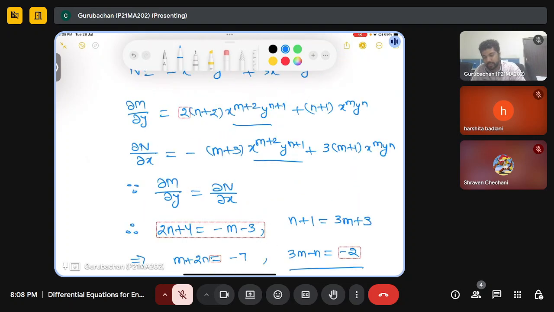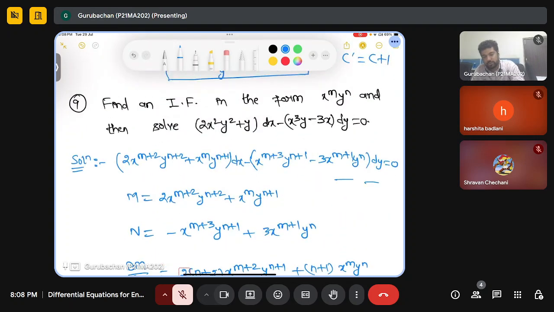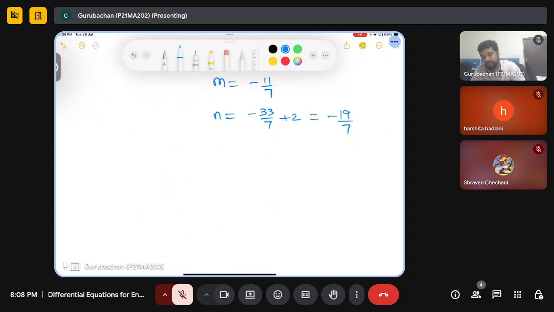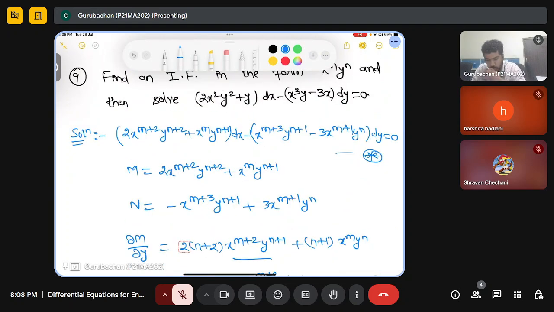Now if you put this in the differential equation, the star, then we will get 2x to the power, let me copy this one, then we will directly put the value of m and n.